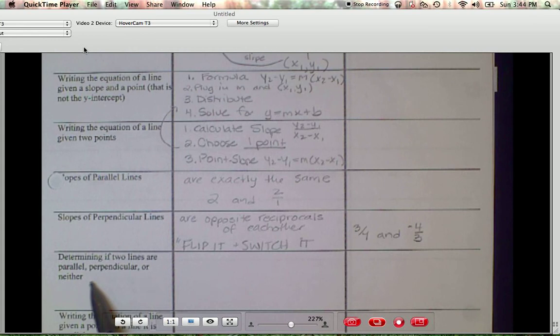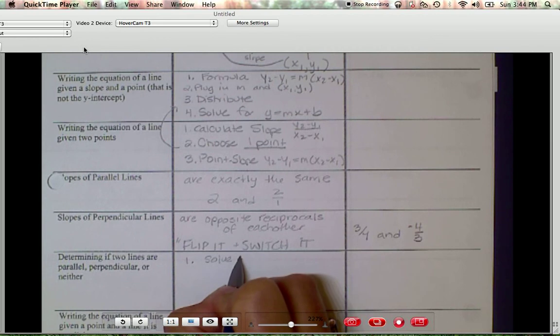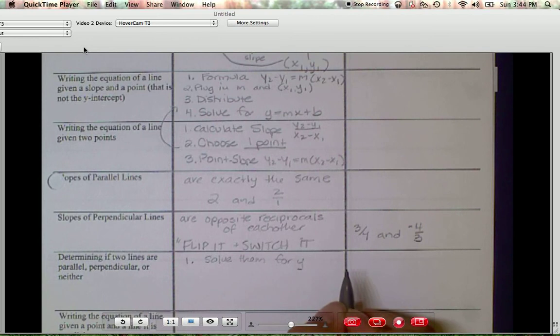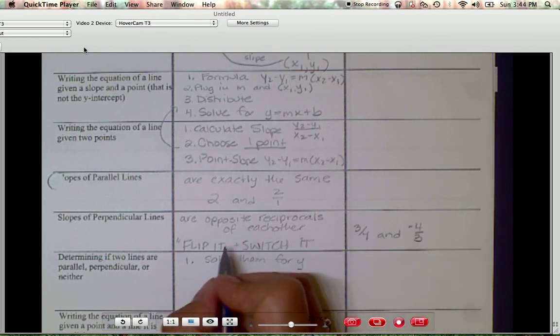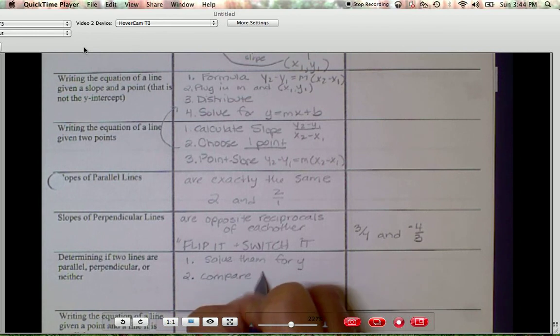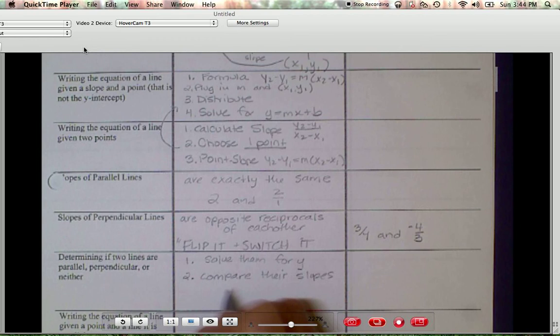So if you want to determine if two lines are parallel, perpendicular, or neither, the first thing you need to do is solve them for y. So make sure you solve both of the equations for y. Then number 2, you want to compare their slopes. If they're the same, exactly the same, then they're parallel.